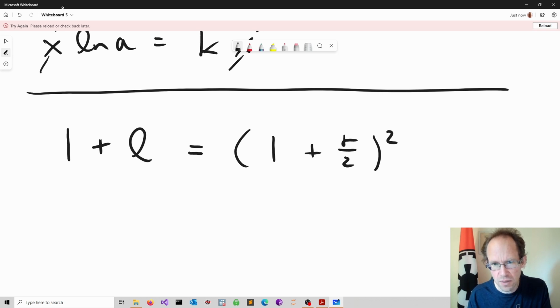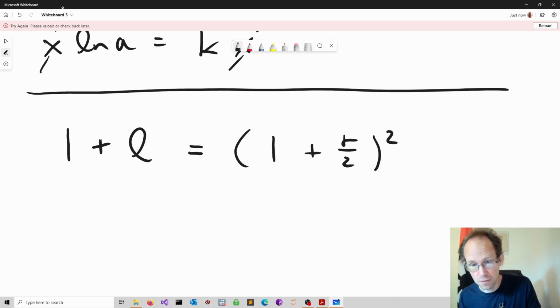This is a notation which is common in finance. It's kind of an equivalent rate. So I take an interest rate R, I divide by 2 because I have 2 interest payments. The power of 2 applies because in the first 6 months I get the interest payment R half, and then it's again applied for the second 6 month period.